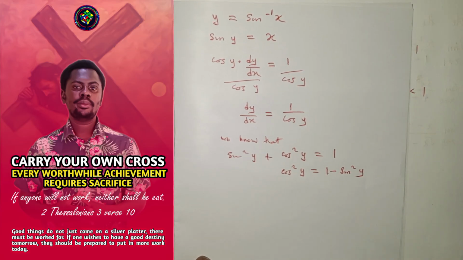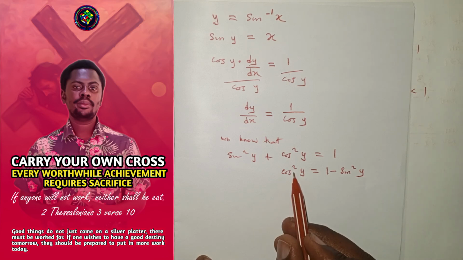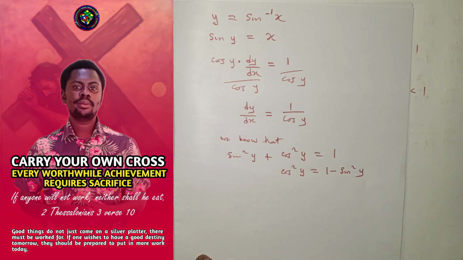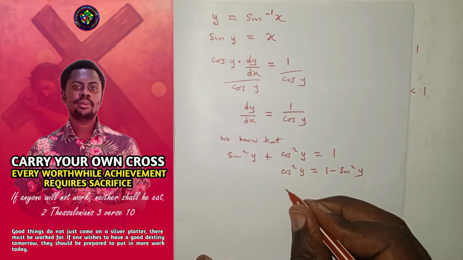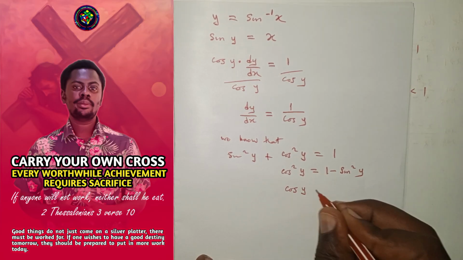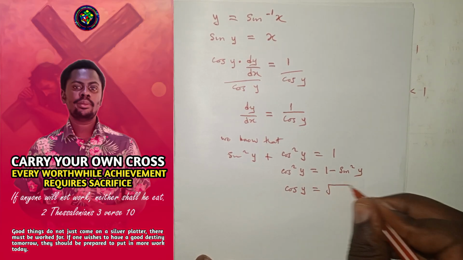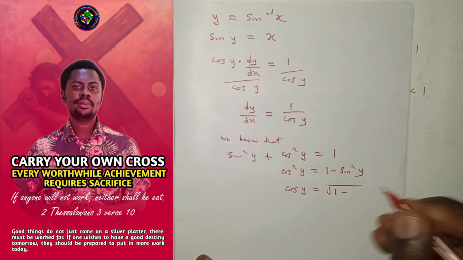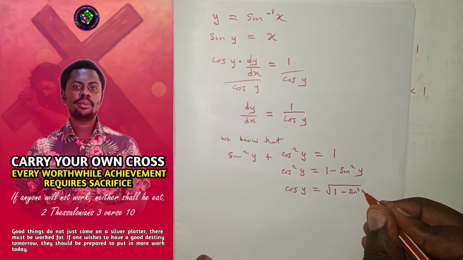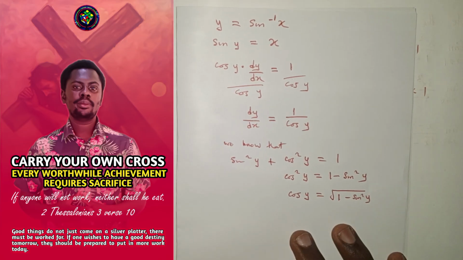Okay, now since we want to make cos y the subject, we need to get rid of the squared there by introducing the square root. So if you square root this side, we are going to remain with cos y equal to the square root of 1 minus sine squared y.